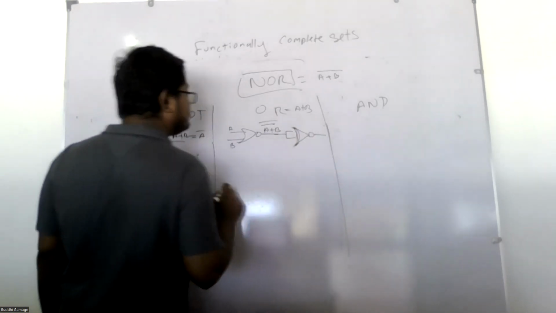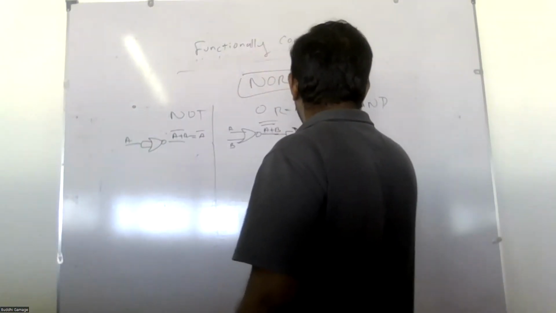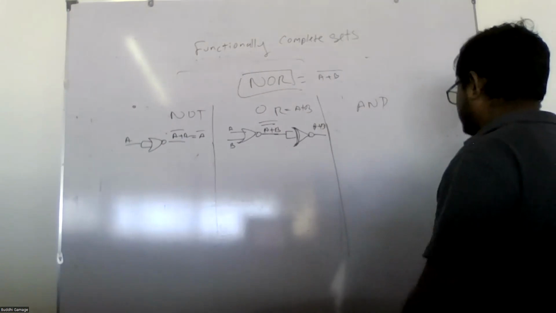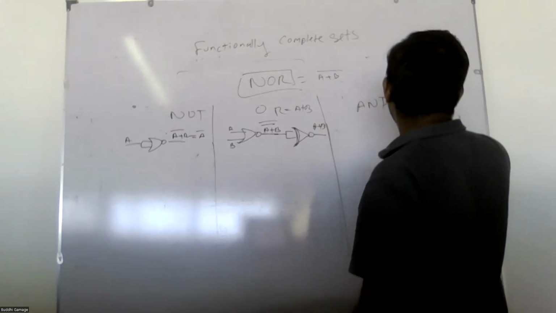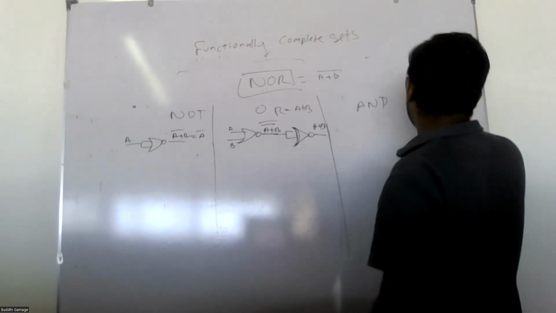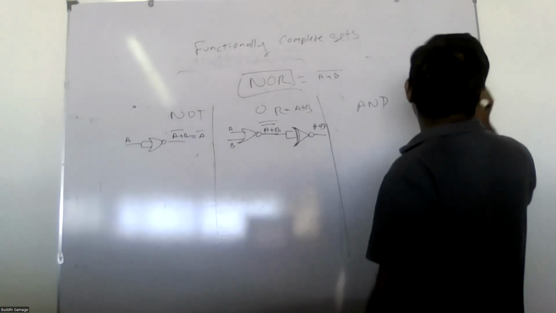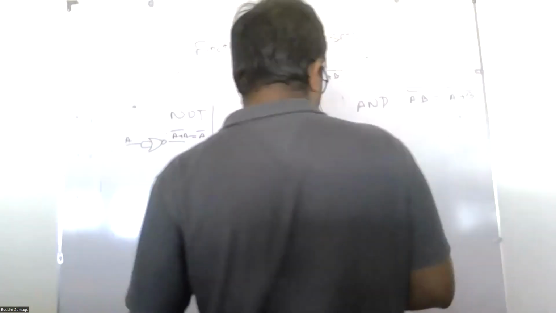Another NOR gate. Plus B. So AND gate. It is A bar NOR B bar, the negation of A bar plus B bar. Right.